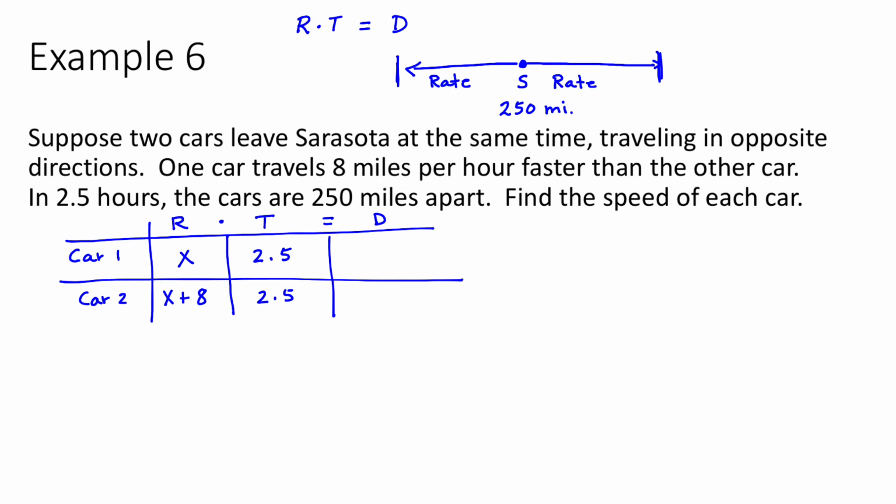I don't know that one went 150 miles and one went 100 miles. So for distance in this table, I'm just going to take the rate times the time for each of the cars. For car number 1, distance is 2.5 times x. And for the second car, the distance is 2.5 times (x plus 8).